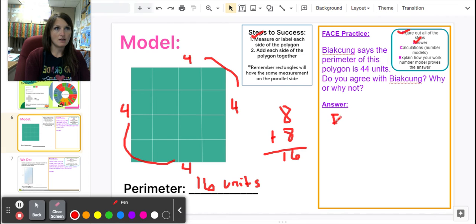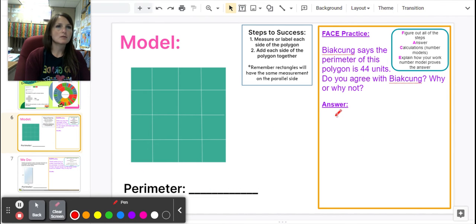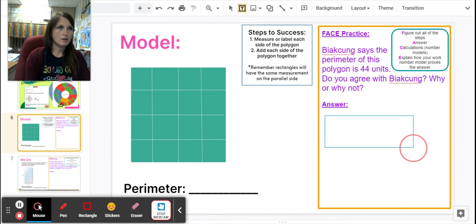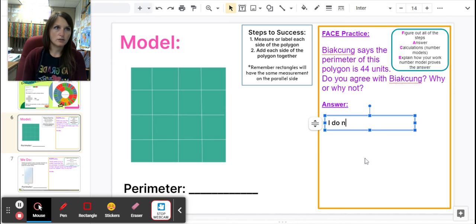I am going to type this out. I do not agree with Byakshan.